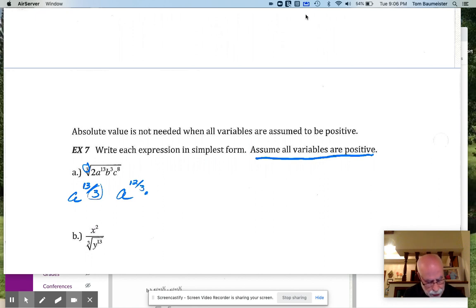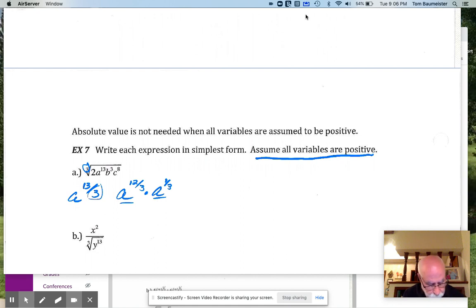But then again, I have a to the 1/3, all right? That's going to be important here for us in a second. So remember, when the bases are the same, I can add the exponents. I can also take them apart.